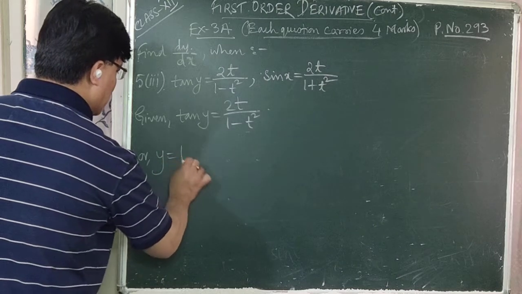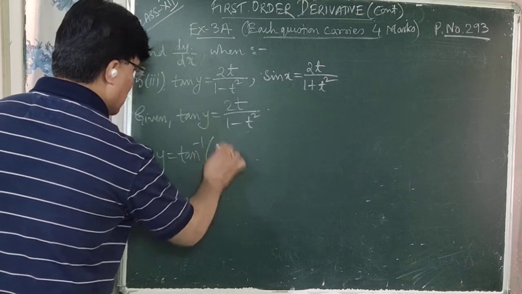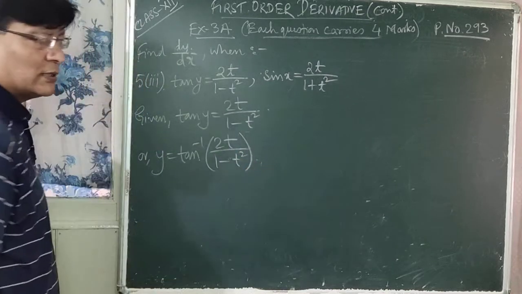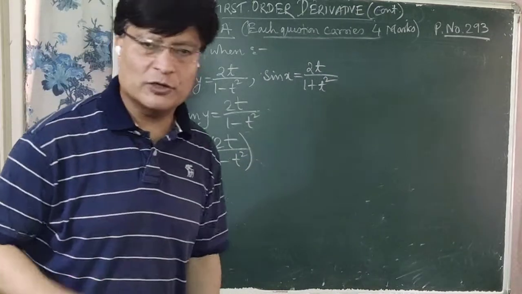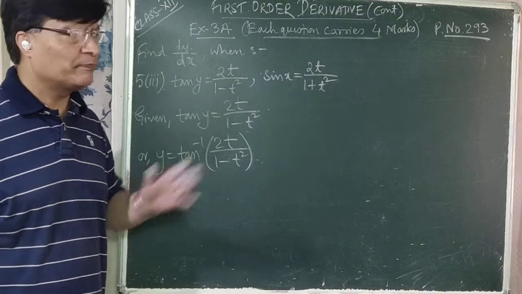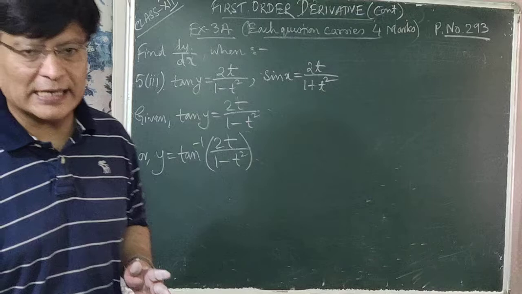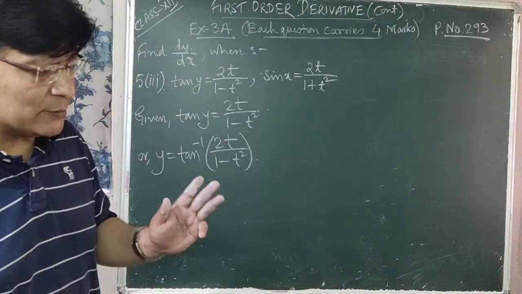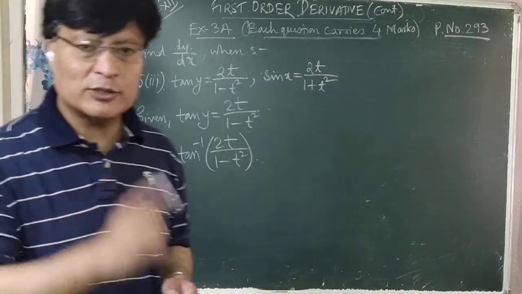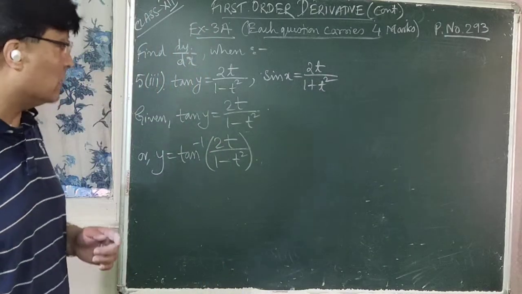So y is equal to tan inverse of 2t divided by 1 minus t square. You know from inverse circular function how it is simplified, or you may use the formula directly also. Don't use the formula directly in this case, because sometimes you may have to do the trigonometric substitution. So let's do trigonometric substitution here.